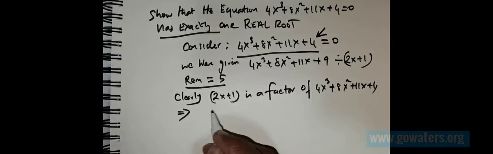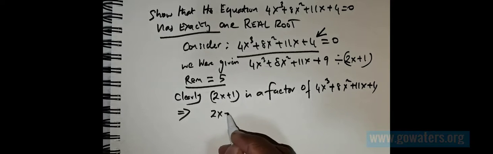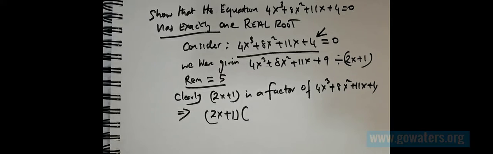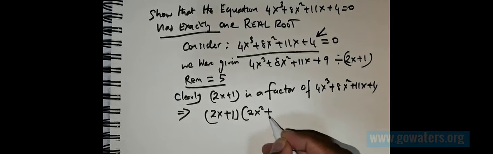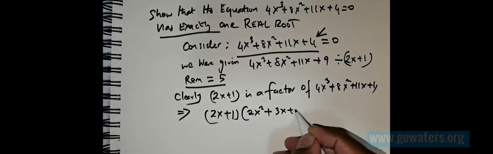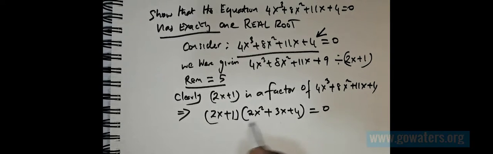So I can write the given polynomial as 2x + 1 times the quotient. The quotient, as you would have seen in the previous problem, we got as 2x squared + 3x + 4, and that has to be equated to 0.